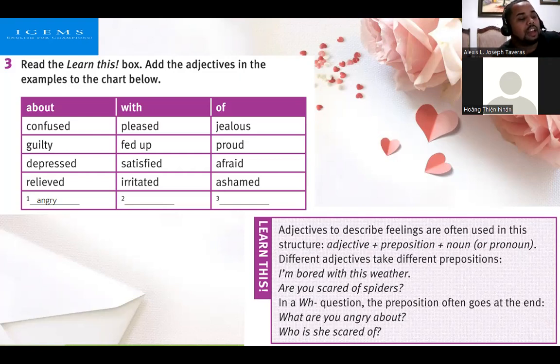So we have different prepositions that we can use in this chart. For example, confused about, guilty about, depressed about, relieved about, angry about, pleased with, fed up with, satisfied with, irritated with. So it's something that you're feeling, it has more to do with feeling. Like, you feel bored with.